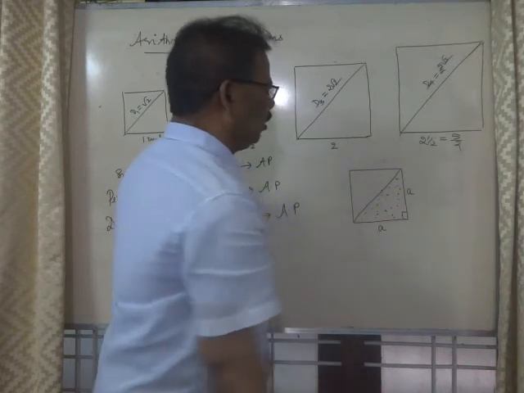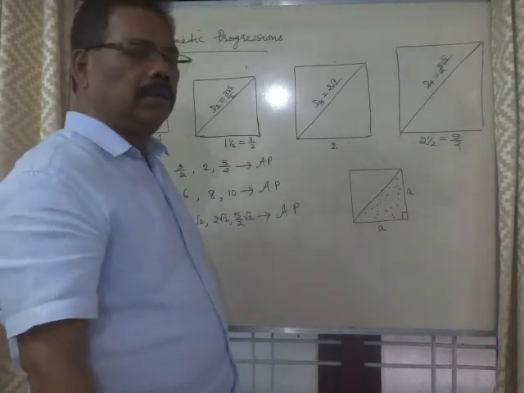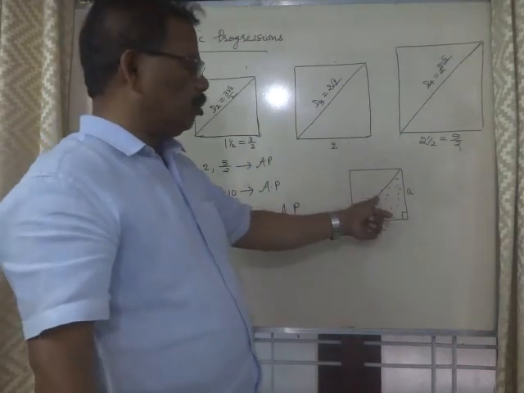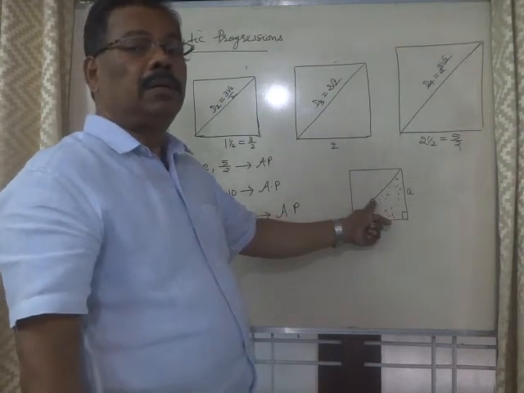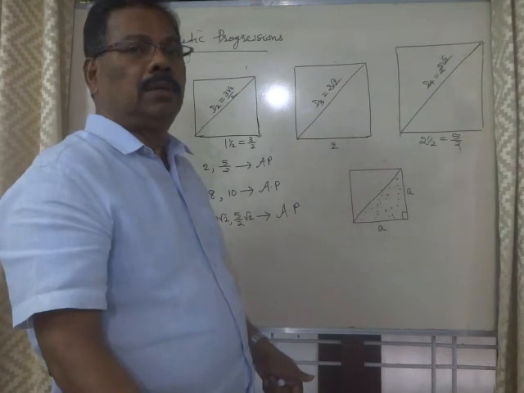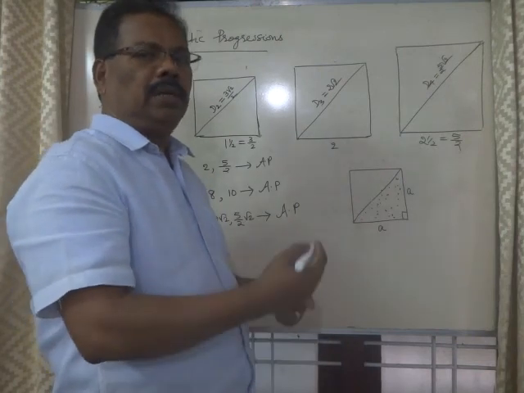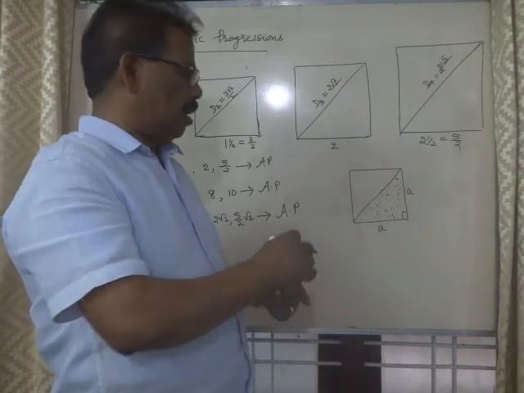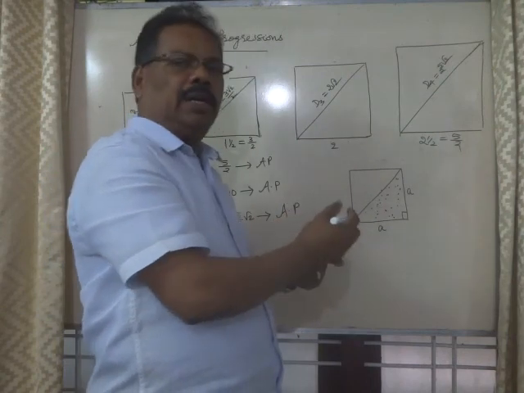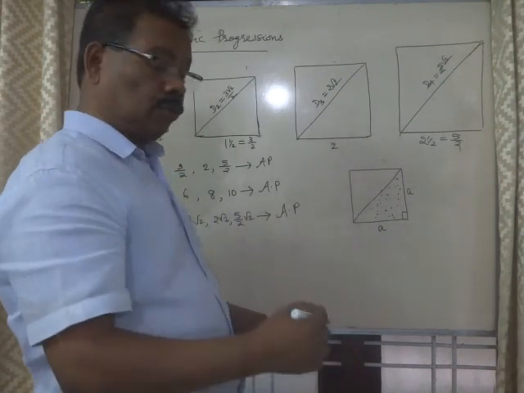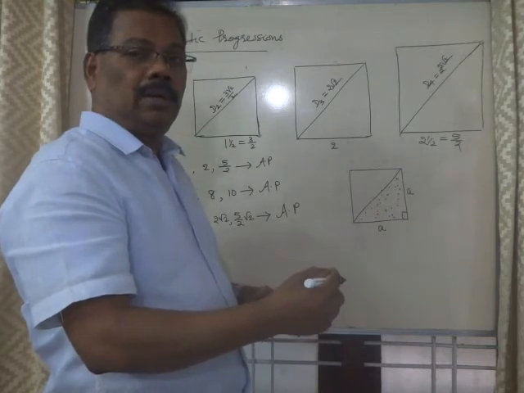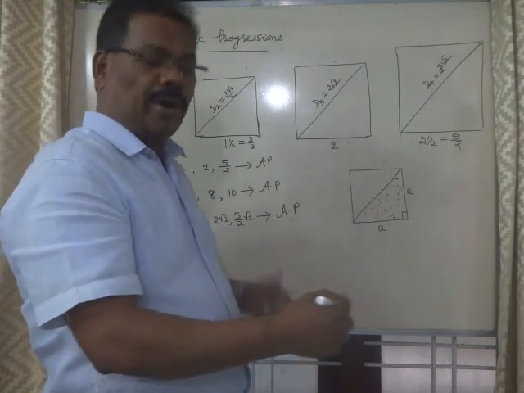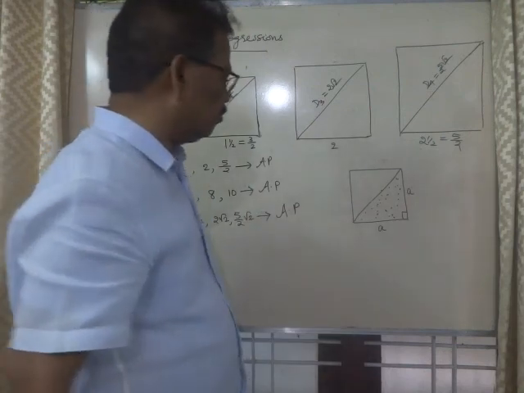This angle is 90 degrees. For a right triangle, the hypotenuse will be the square root of the sum of the squares of the other two sides.